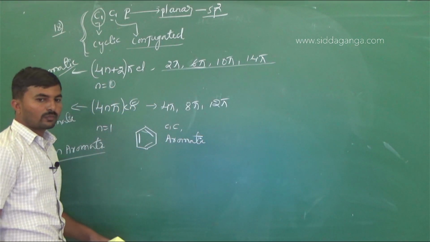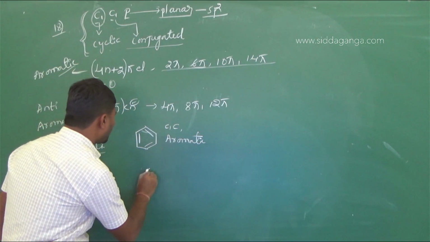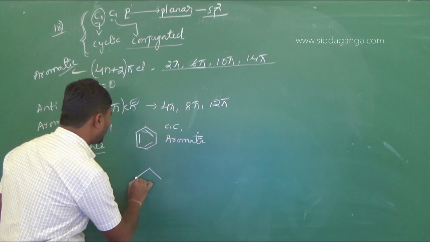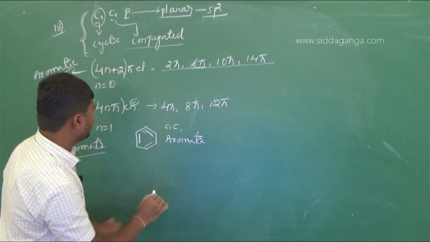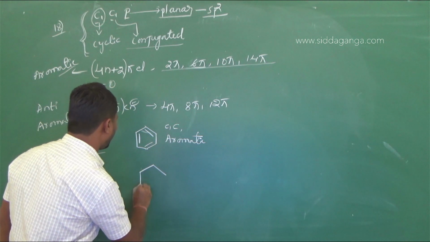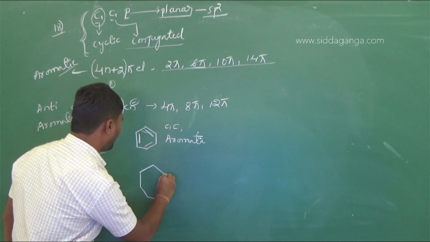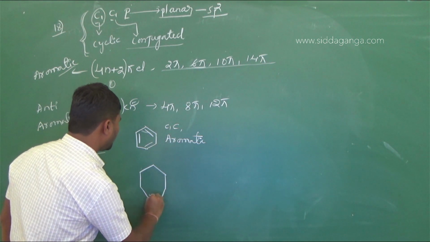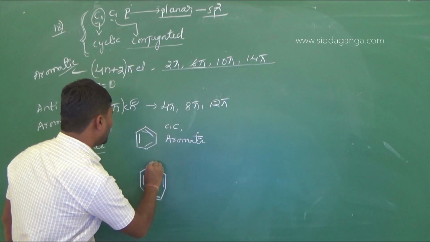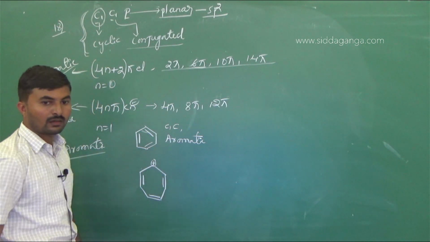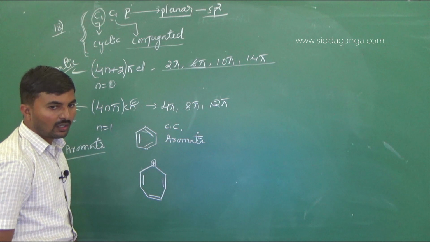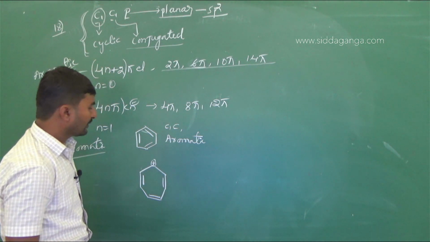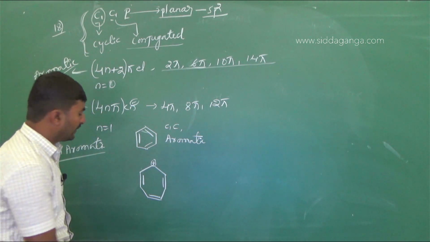And the second one, tropylium ion. So what is the structure of a tropylium ion? So this is the structure of a tropylium ion. Cycloheptatrienyl cation is called the tropylium ion.